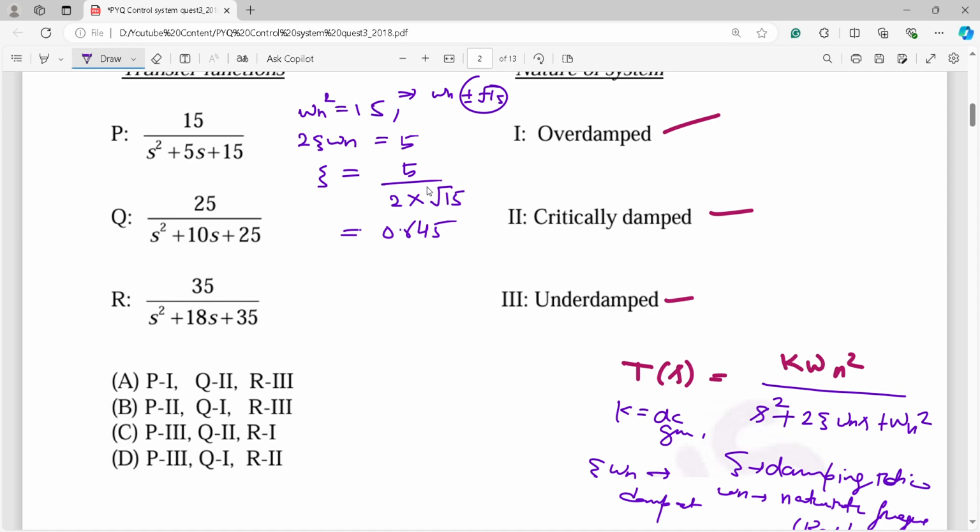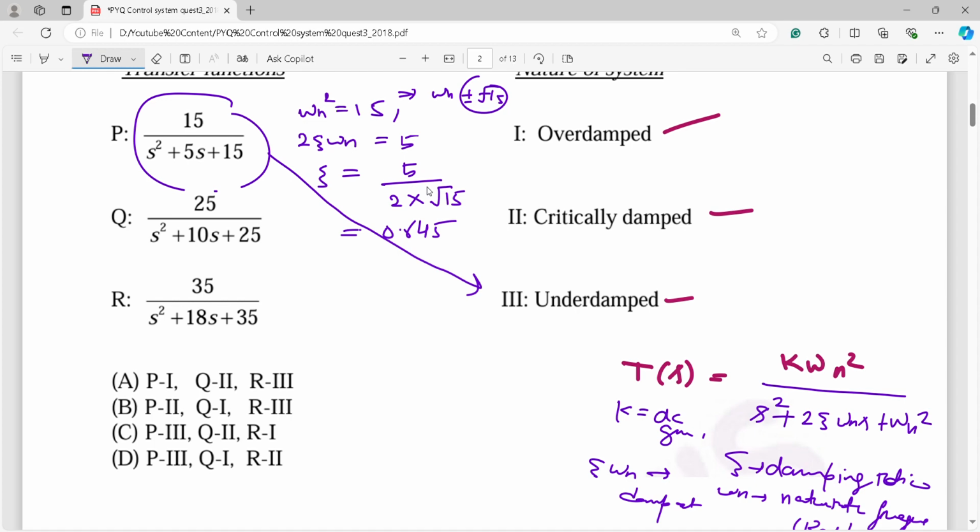Zeta is less than 1 and greater than 0, so this transfer function represents an underdamped system. So either option C or D would be correct.